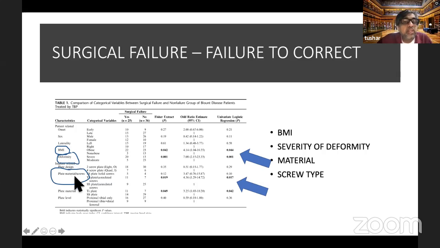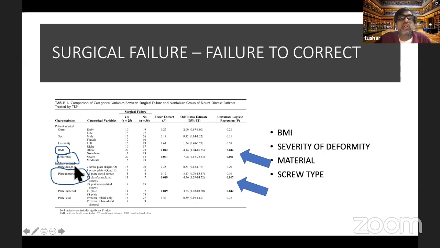An interesting feature, which I think I failed to mention, is that they divided patients into 2 criteria, that is early onset and late onset. Early onset is below 4 years and late onset is after 4 years of age. Somehow it skipped in the slides. And the implant design was not really statistically significant.